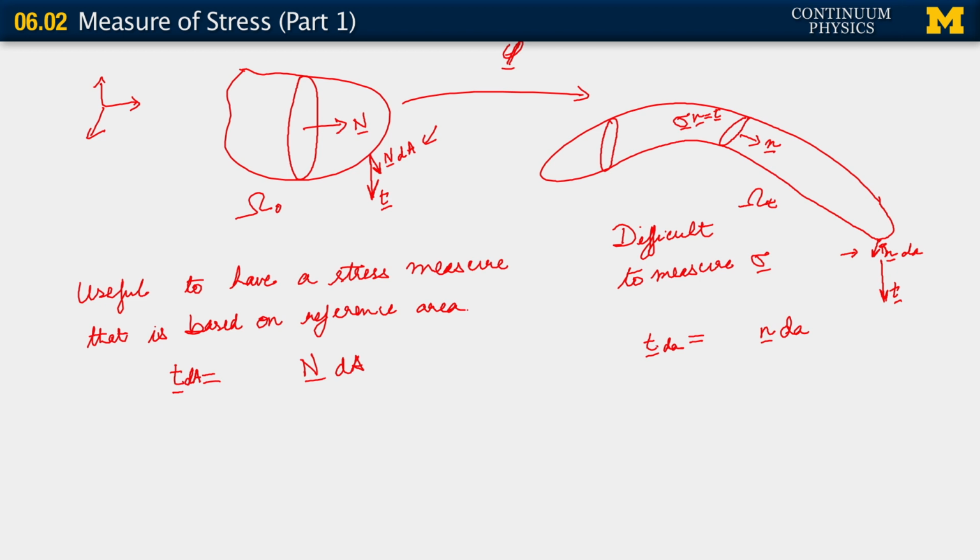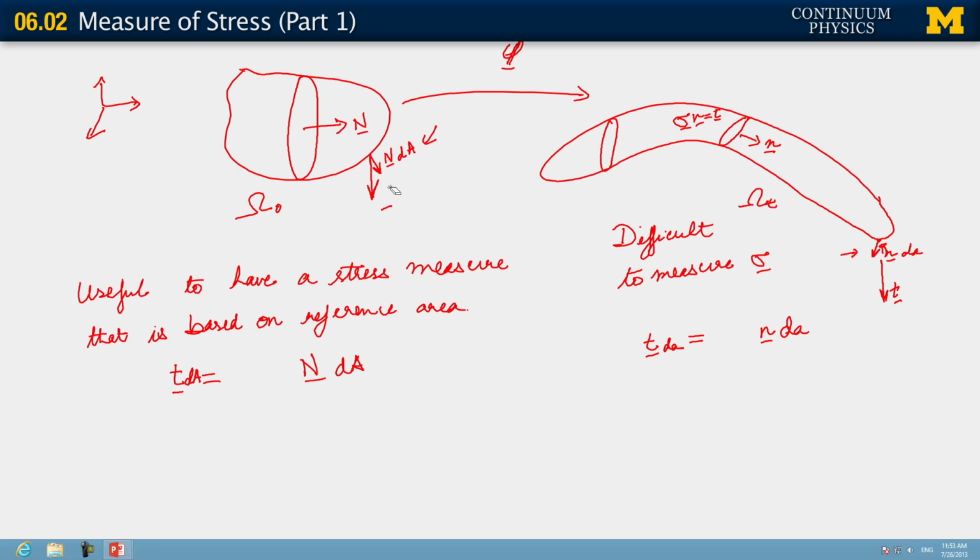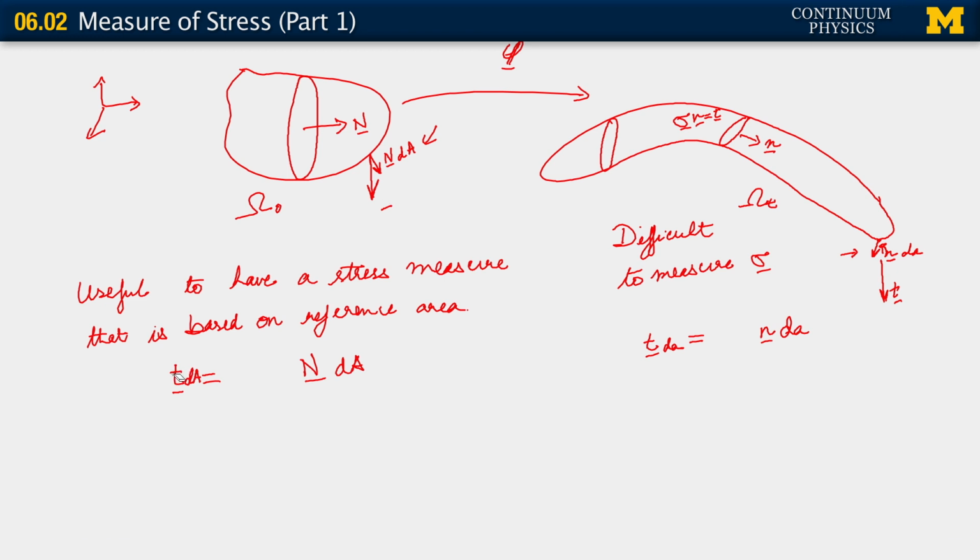Okay, and just for correctness, let me change this here. Let me use a capital T here because it's reference. A capital T here in the reference configuration and a capital T here. Okay, all right.